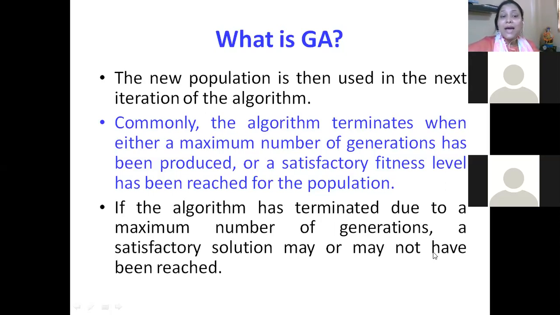If the algorithm has terminated due to the maximum number of generations, it may happen that a satisfactory solution may or may not have been reached. Suppose the programmer sets a particular number of iterations like 10,000.